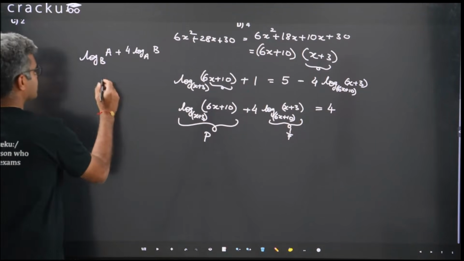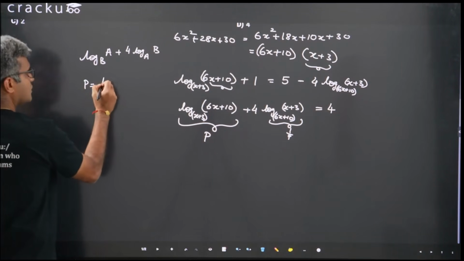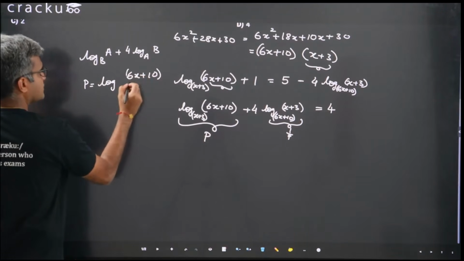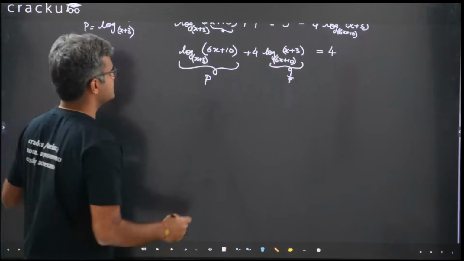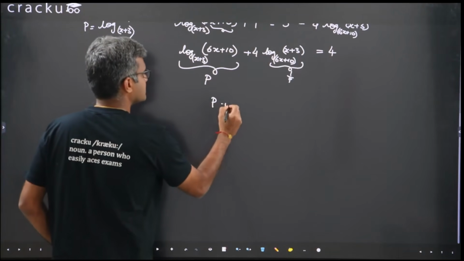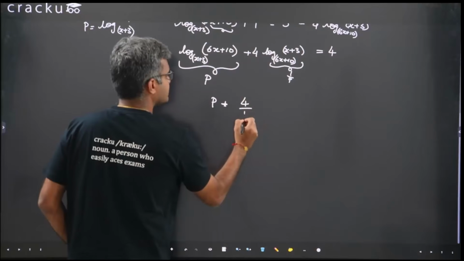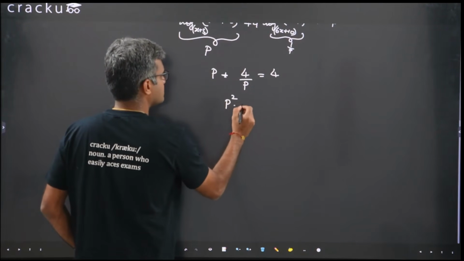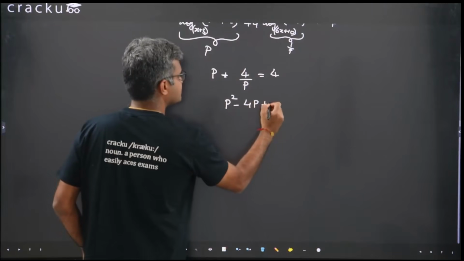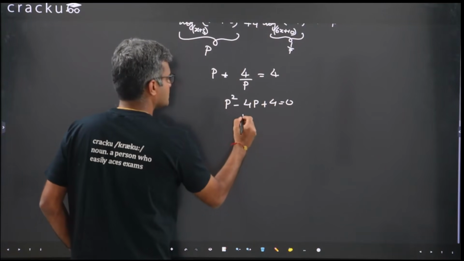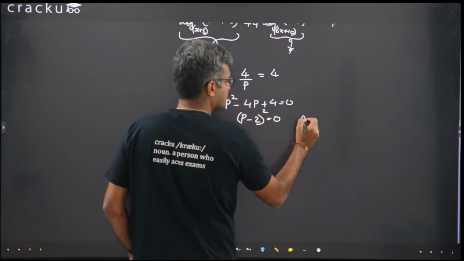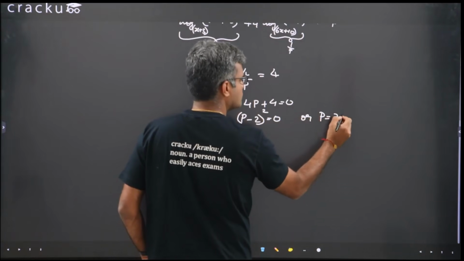So if you assume that p is equal to log of 6x plus 10 to the base x plus 3, what we are going to get is p plus 4 by p is equal to 4, or p square minus 4p plus 4 is equal to 0. This is p minus 2 whole square is equal to 0, or the value of p is equal to 2.